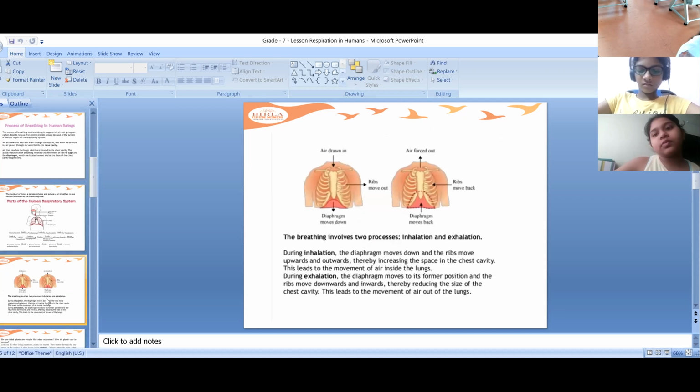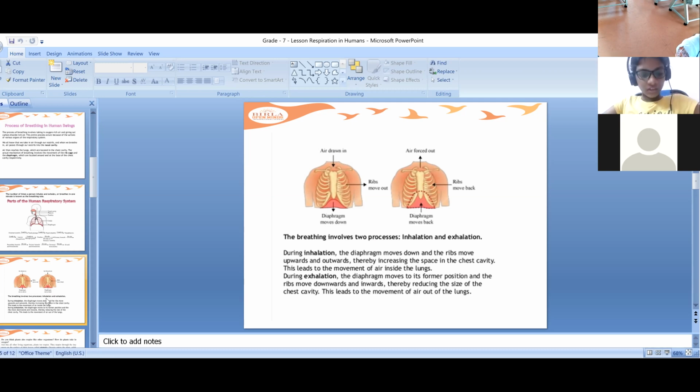The breathing process involves two processes, inhalation and exhalation. In inhalation, the air is drawn in. During inhalation, the diaphragm, what is the diaphragm, children? The diaphragm is a thin muscular organ underneath our lungs, which helps in the contraction and expansion of our lungs.